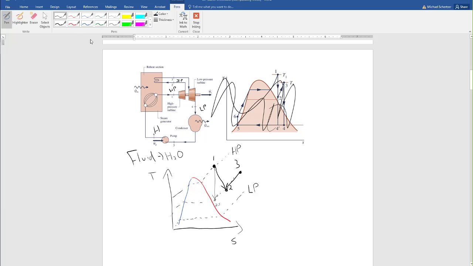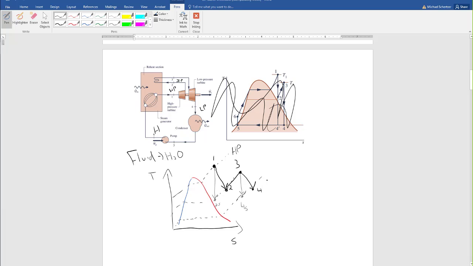Now, we're going to go through an imaginary ideal turbine from state 3 to state 4s. Then we'll go through the real turbine to state 4. We'll pretend this is on the same pressure line.